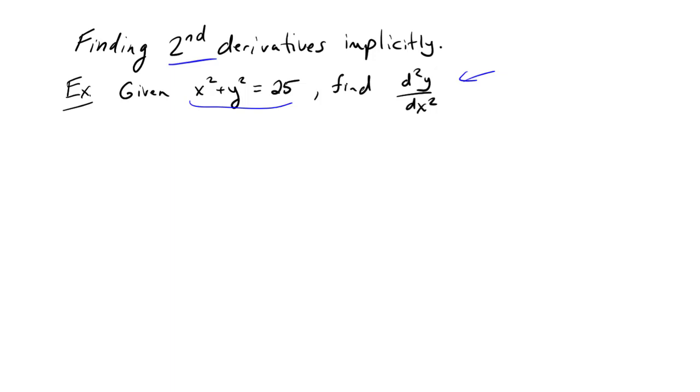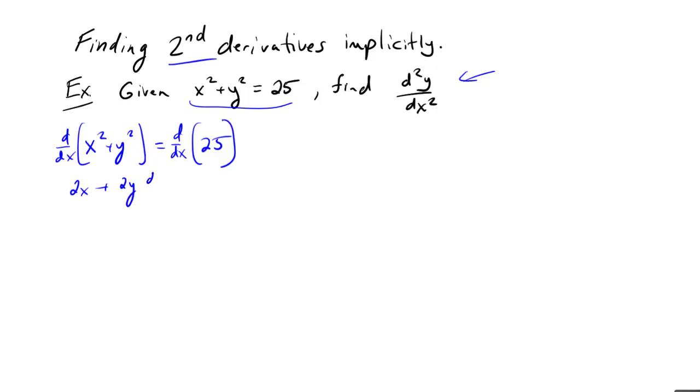This time we're going to find the second derivative. So let me just go over the finding of the first derivative quickly. We did the derivative of both sides with respect to x, and so that was 2x plus 2y dy/dx equals 0.